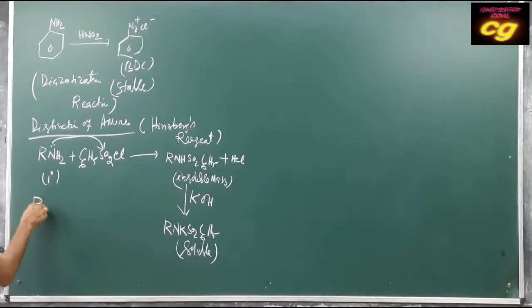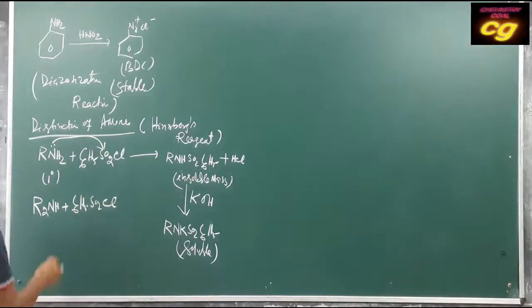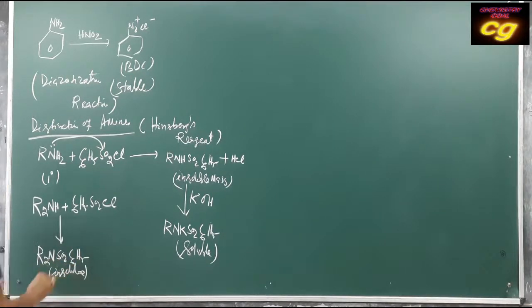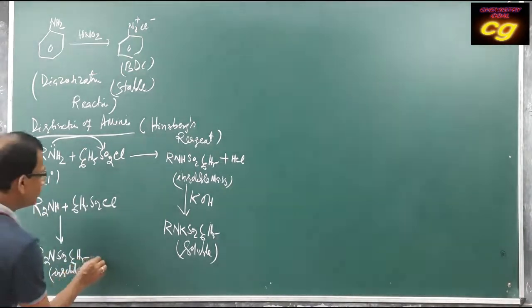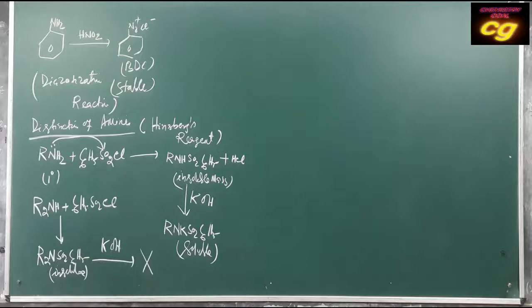Similarly, if you take a secondary amine, R2NH, in the presence of C6H5SO2Cl, it produces an insoluble mass, R2N-SO2C6H5, which is insoluble. If you add the base KOH, there will be no change because it has no acidic hydrogen.